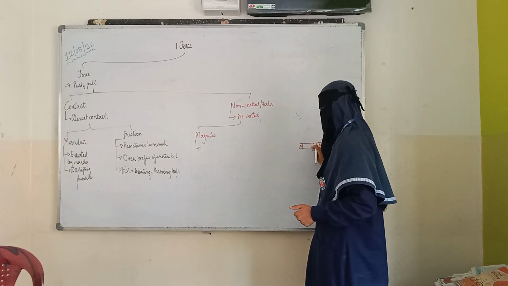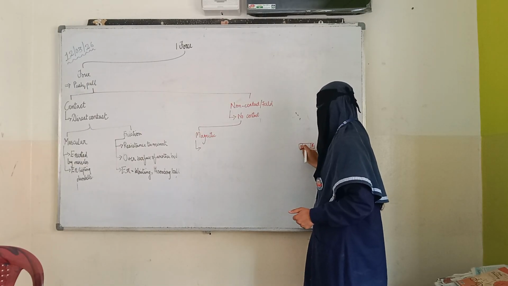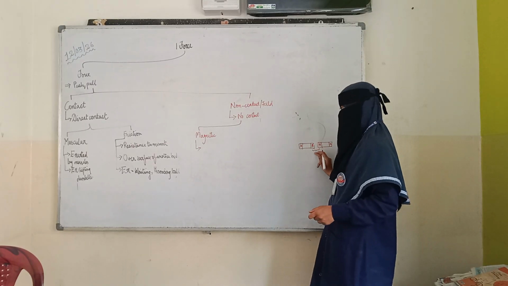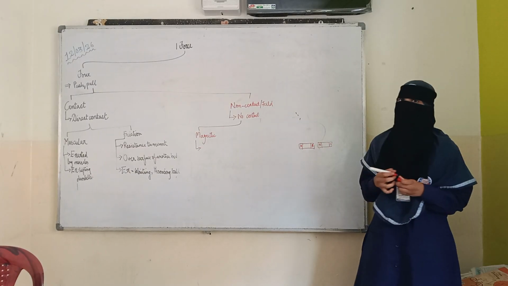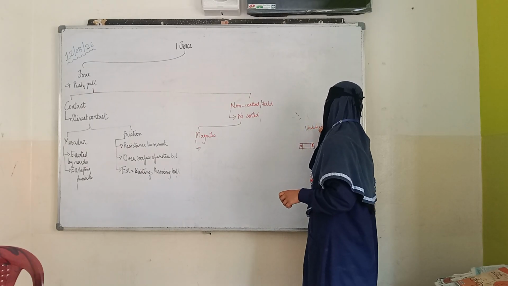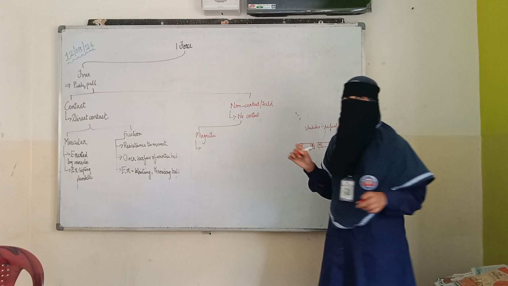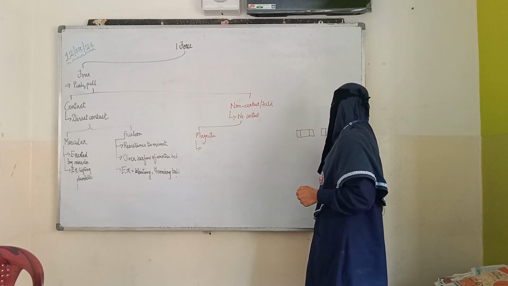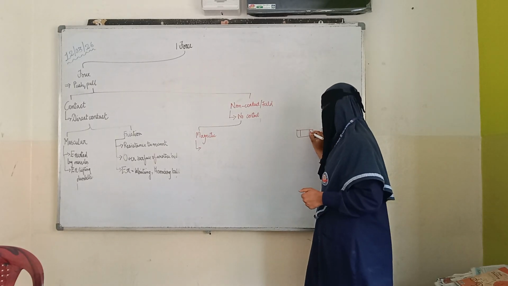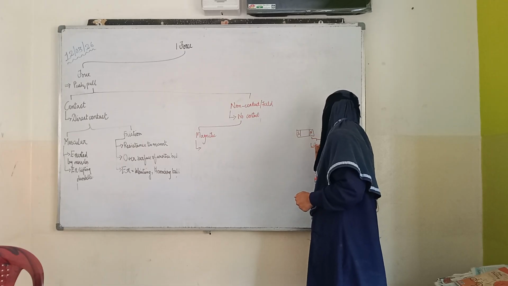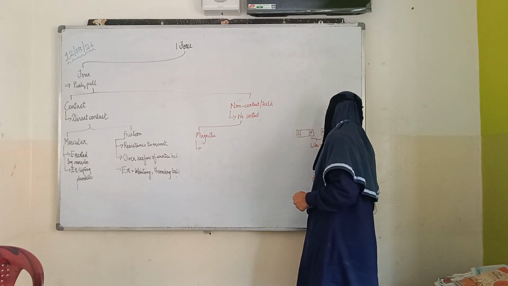And if it is north and north, these are said to be like poles. We know that like poles repel each other. If two magnets are kept and this is the north pole and this is the north pole, here south, here south, these two are like poles and they repel each other.